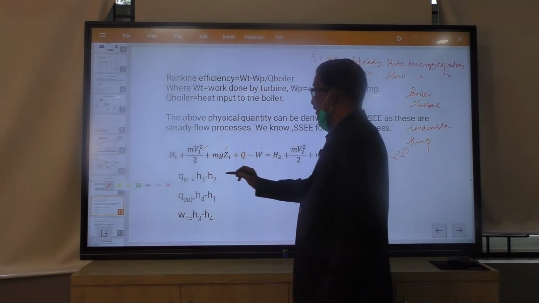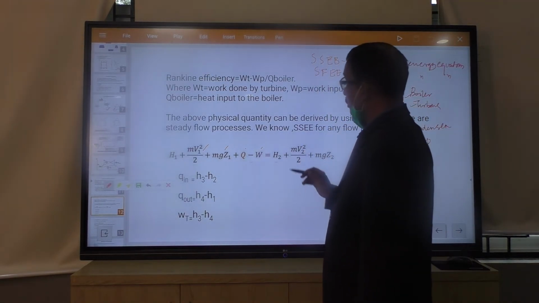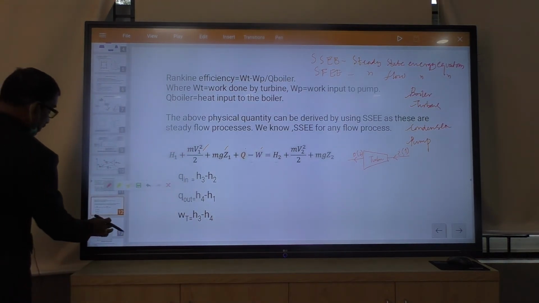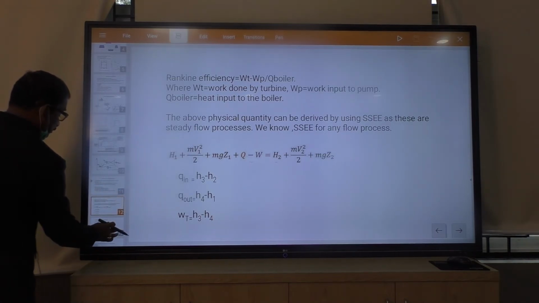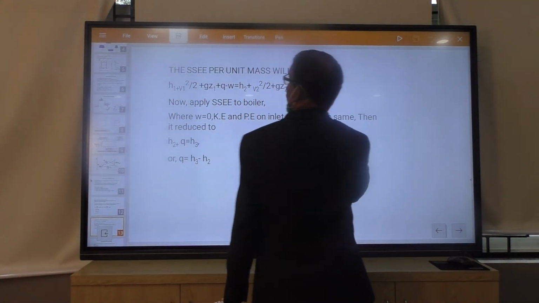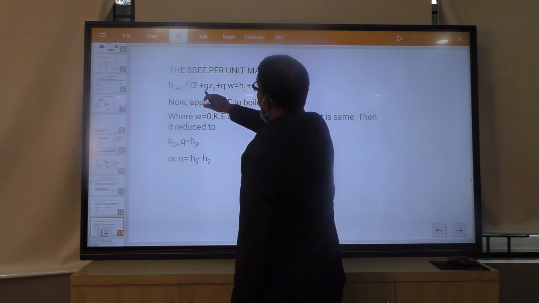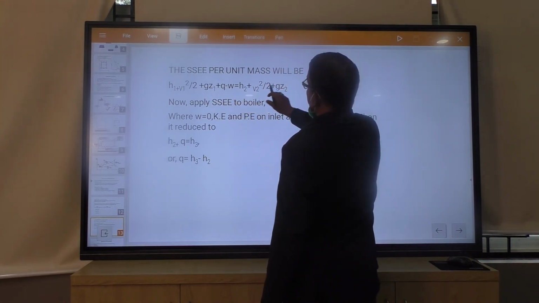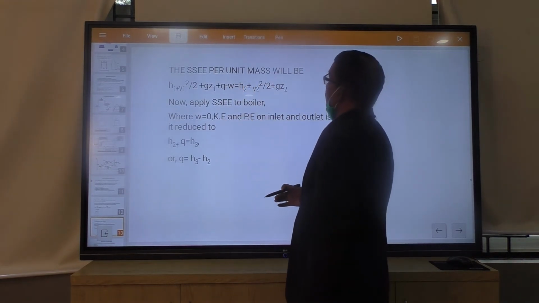This is known as steady state energy equation. If m is 1 kg, this is the simplified equation for 1 kg, where m is 1: H1 plus V1 square by 2 plus gZ1 plus Q, specific heat, minus specific work at outlet.